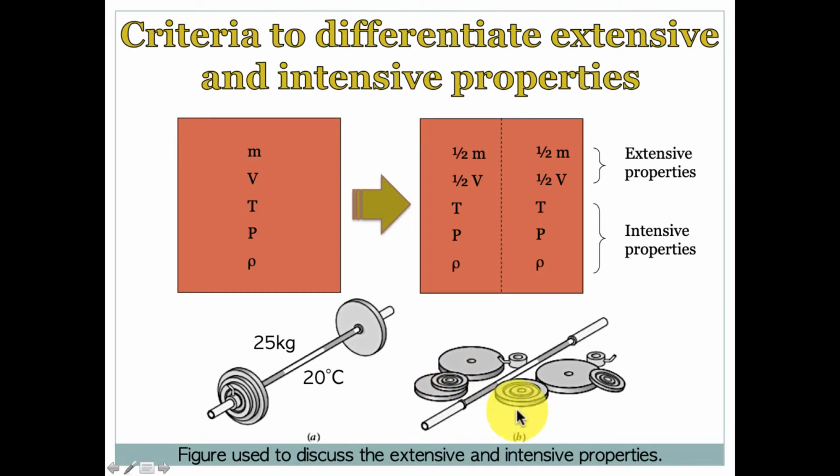The temperature of the several parts before the barbell and the weight plates are assembled may be different. Might be this weight plate is 20 degrees Celsius, this is 20 degrees Celsius, and another weight plate is 20 degrees Celsius. So the temperature is not the sum of the parts. It is opposite to the mass and volume.